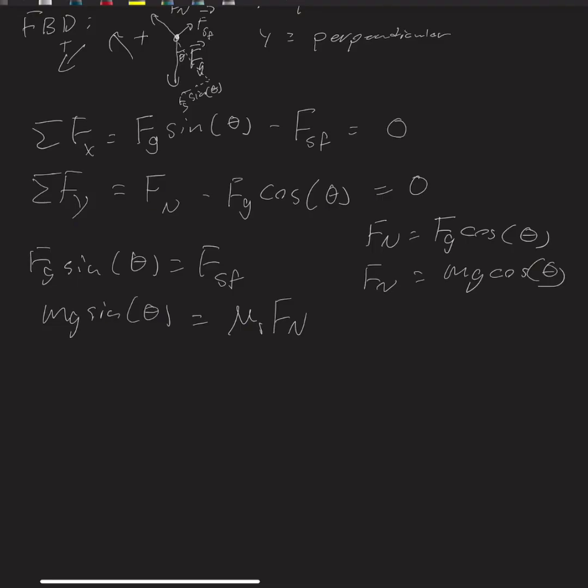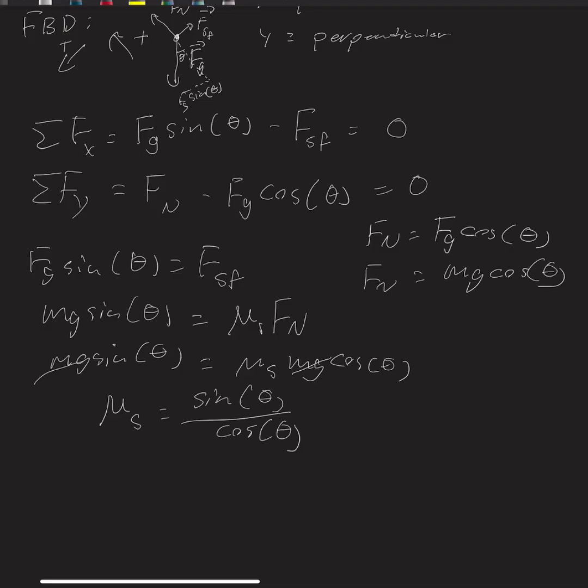Now we can substitute Fn here. mg sine theta is equal to mu s mg cosine theta. See, mg cancels out, the weight cancels out. We can divide by cosine theta on both sides, so we're left with mu s equal to sine theta over cosine theta.